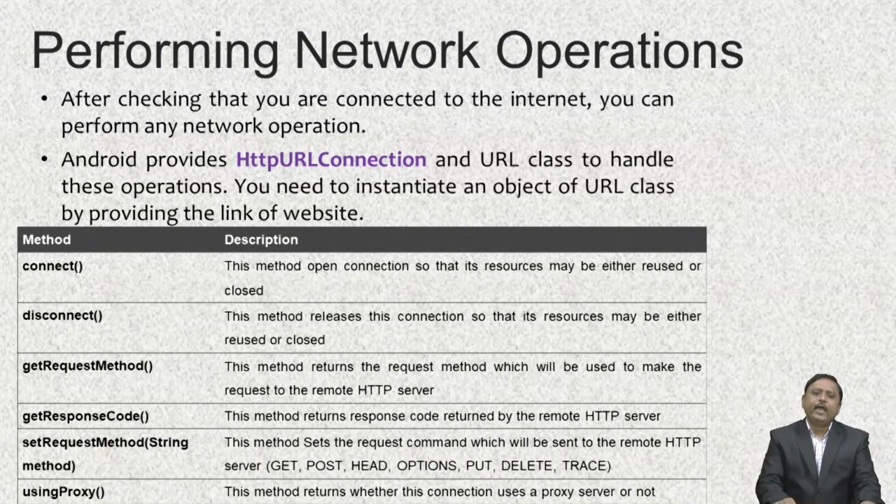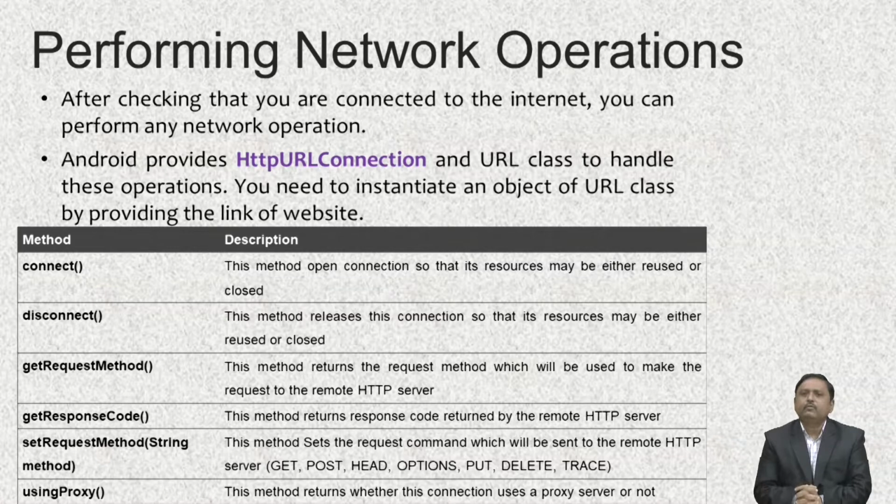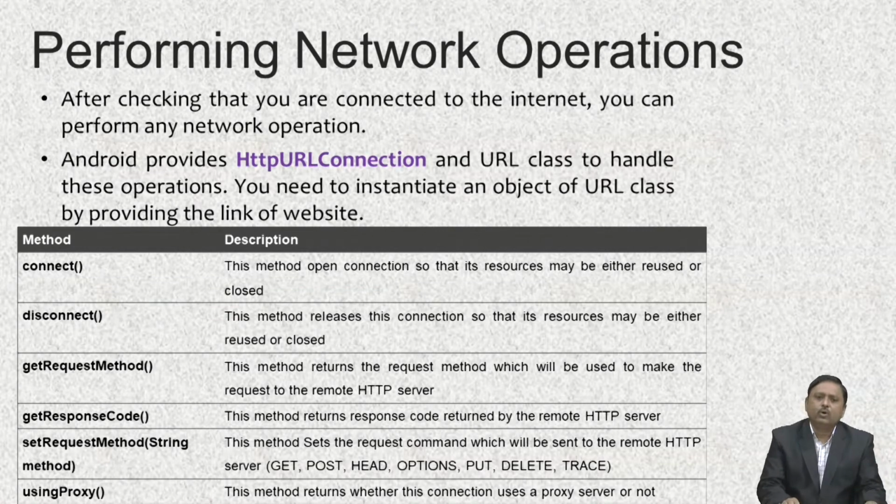Then we have the get request method inside the HttpURLConnection class that returns the request method which will be used to make the request to the remote HTTP server. Now there are many kinds of requests like get, post, delete, put, etc. So this method returns the request method.